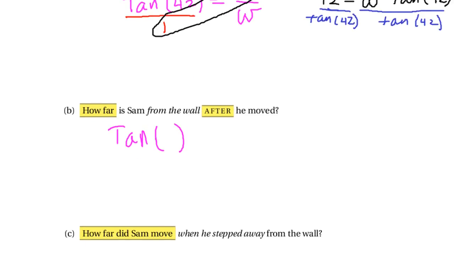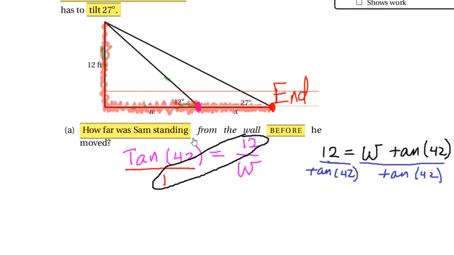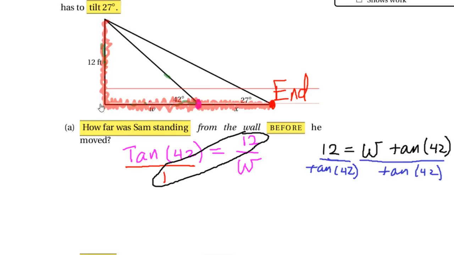So this is a tangent 27 problem now, and it's equal to 12 again, which was the opposite. But now, the adjacent side, which is that long red side, is what I don't know. So use the strategy that we did right here to solve this same problem. What that's going to give you is the length of this entire red line. Not this X, but the entire red line.